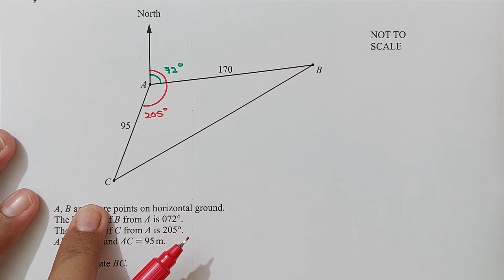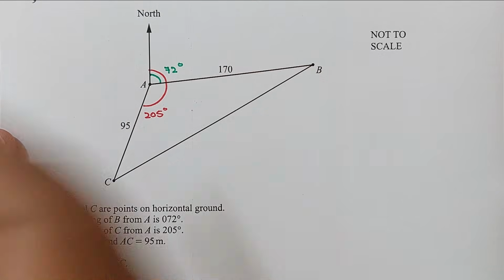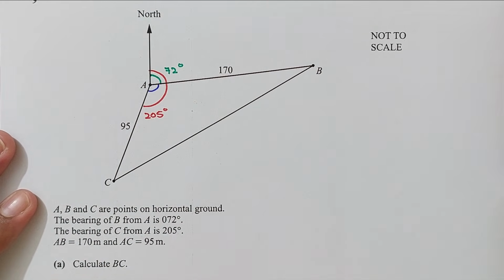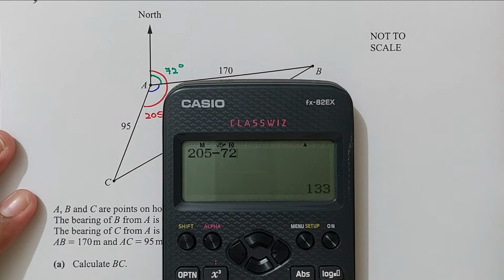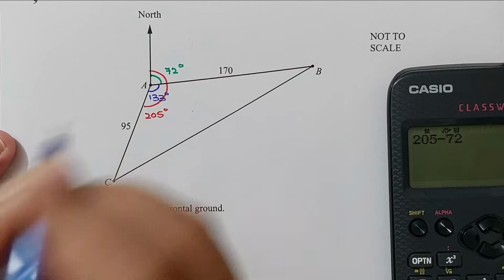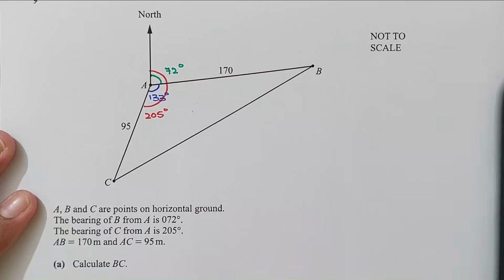Okay. So let me solve for this angle. The whole angle is 205. We have to subtract 72. 133 is that angle. Right. So we have the angle and the two sides. To find the third side, applying law of cosine.